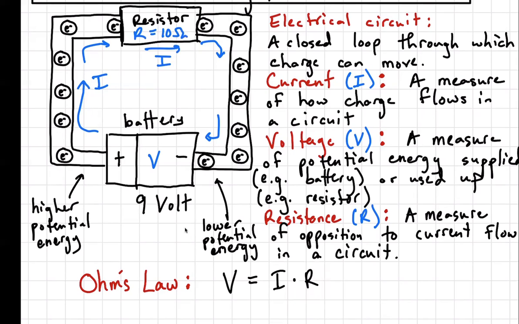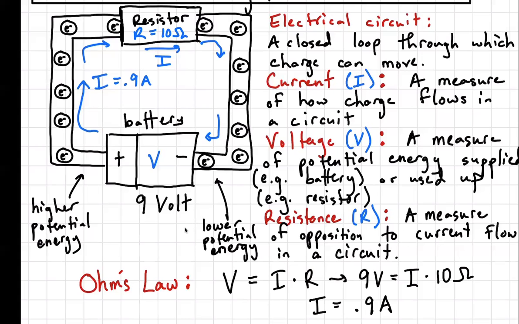So in this case, we would say there's 9 volts for this circuit is equal to the current times the amount of resistance there is. So the current here would be I equals 0.9, and the units for current are amps. So we would get 0.9 amps of current in this circuit, just in this particular example that I'm using.